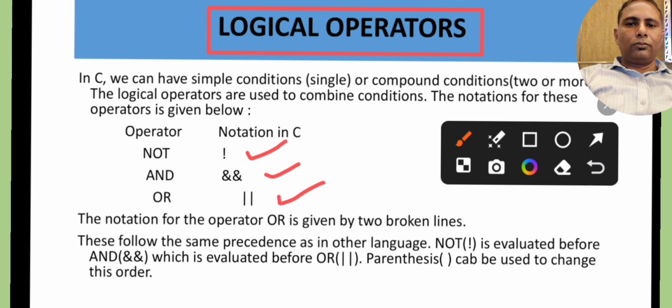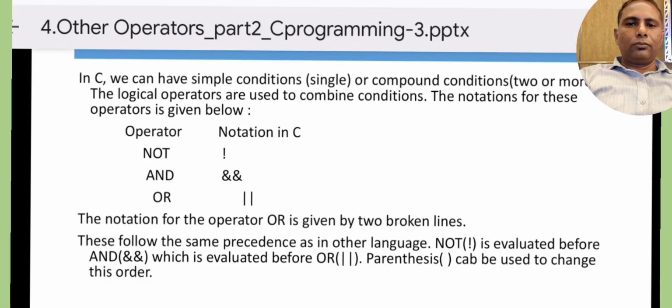If we talk about the precedence of these logical operators, then not has the higher precedence, and or has the lower precedence. But with the use of parentheses, we can change the order of precedence in the logical operators.